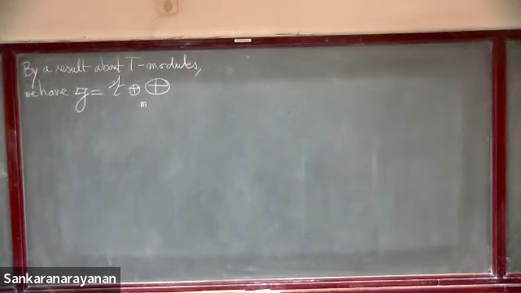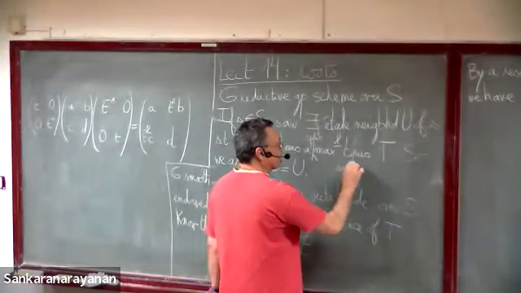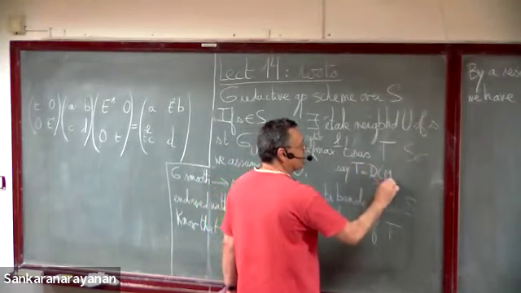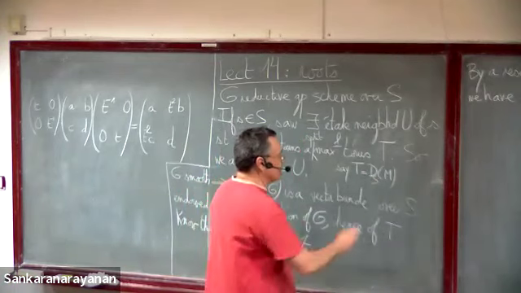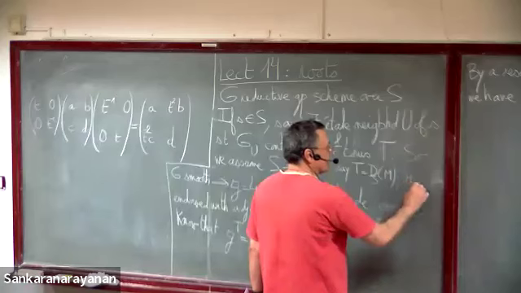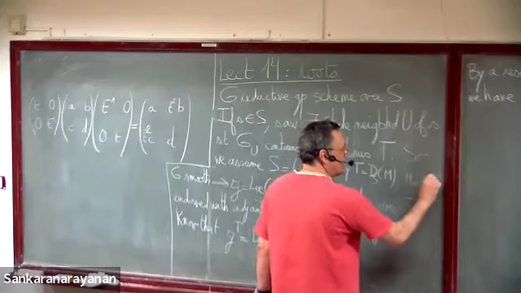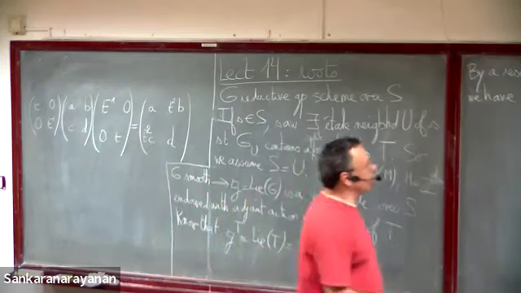So let's further assume that the torus T is split. So this is the diagonalizable group corresponding to some abelian group M, which is some free abelian group of some rank.